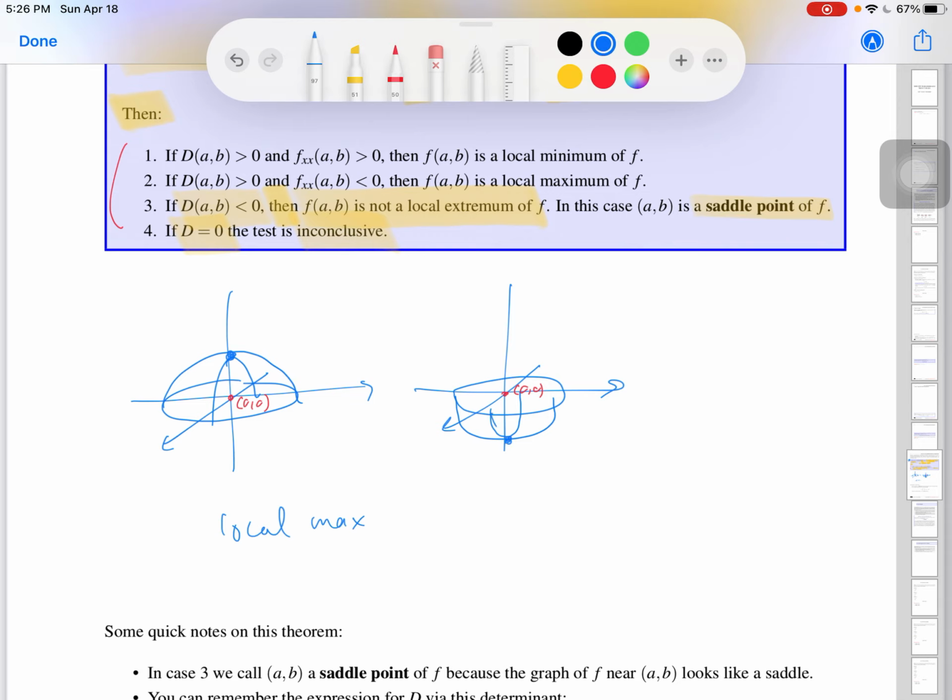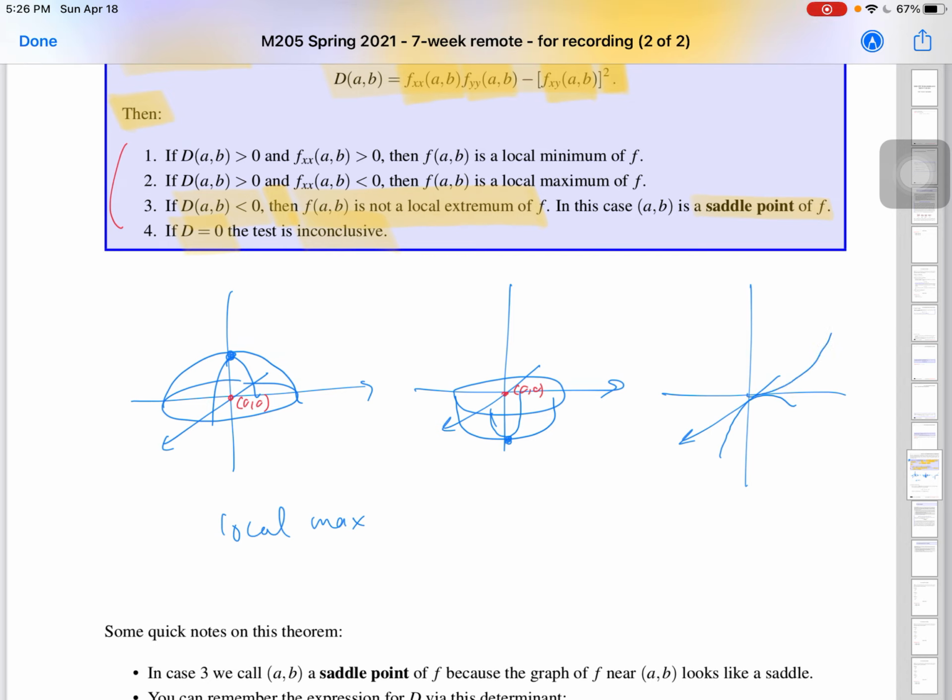And then a saddle. What does this look like? A really simple way to think of a saddle is to think of a parabola along one of the planes. In this case, it's a parabola I'm trying to draw in the xz plane, opening downward. And then think of a parabola opening the opposite direction along one of the other planes, in this case the yz plane.